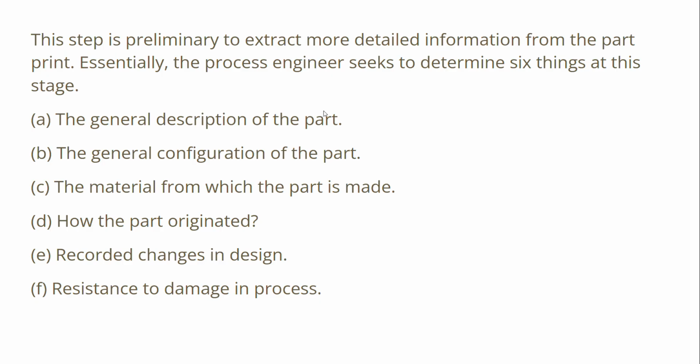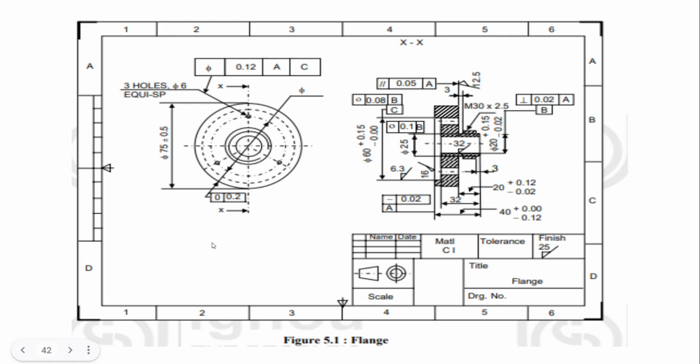The general description of the part, the general configuration of the part, the material from which the part is made, how the part originated, recorded changes in design, resistance to damage in process. Here is the planes, 2D design.